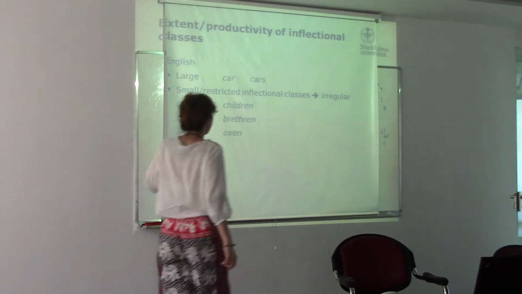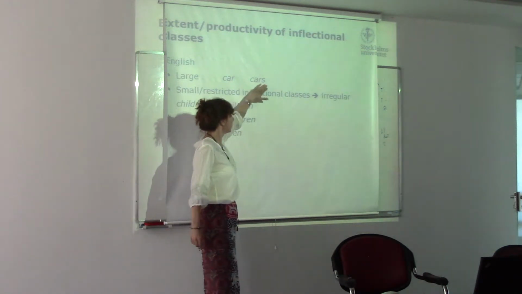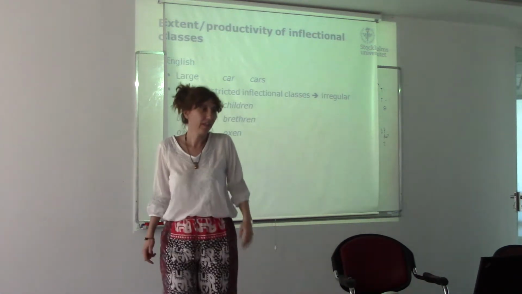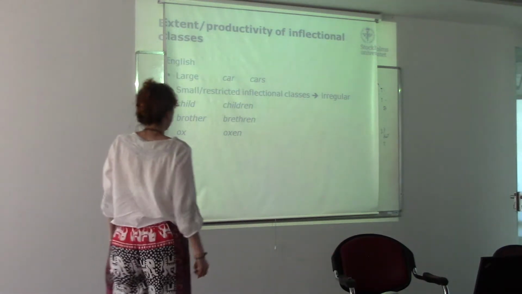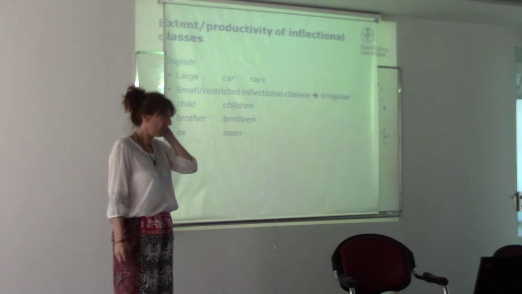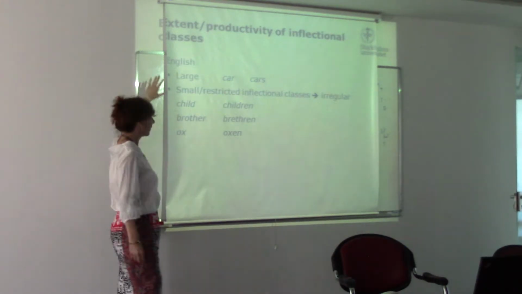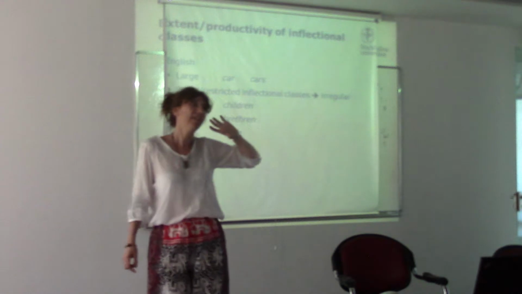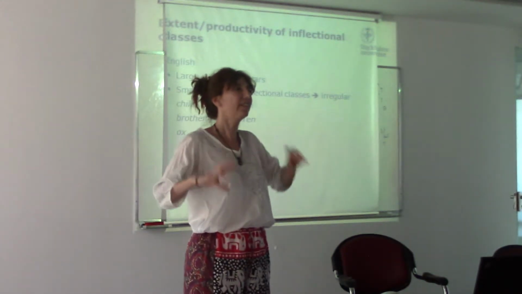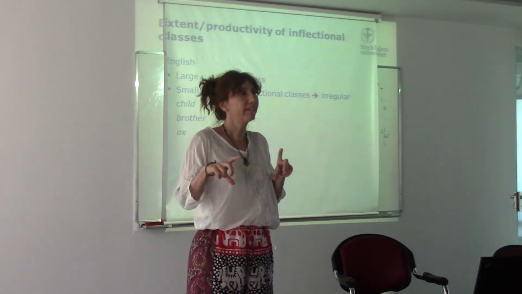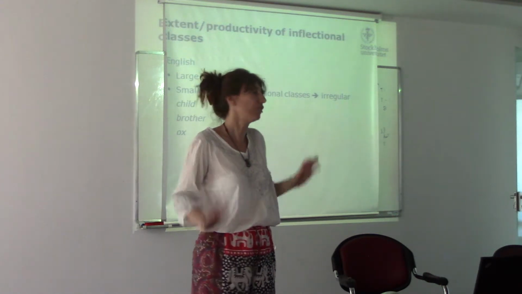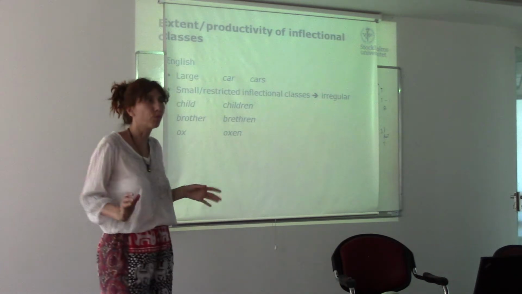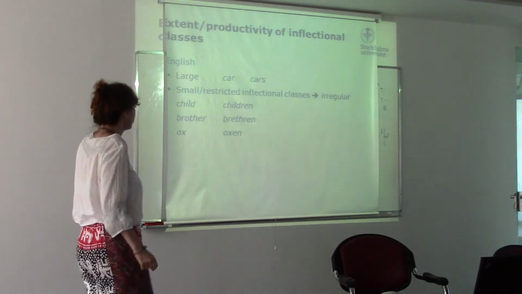And that suffix is a fricative that could be S or Z depending on its environment, so phonologically dependent allomorphs. So this is the large class of nouns, and as a class it is defined by the choice of a plural suffix. English has pretty much very poor morphology, so this is what we get.